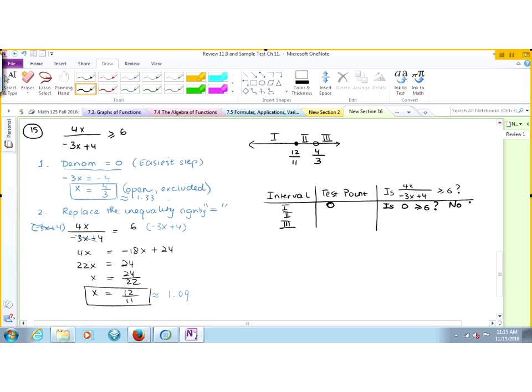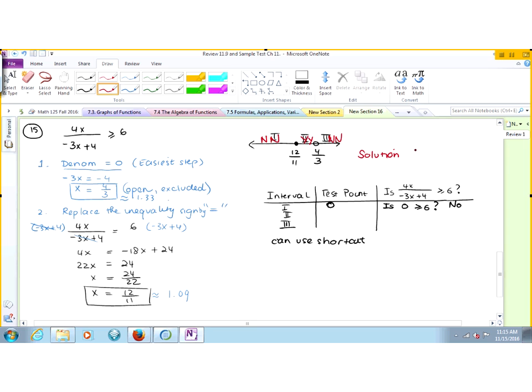No. So interval 1 is no. Can I use a shortcut? Yes. The next one will be no, right? Because they alternate.